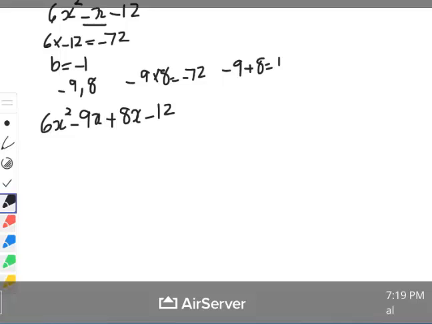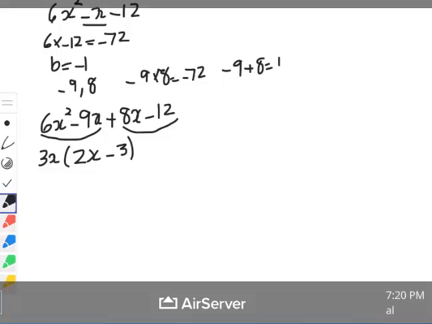Now group these two terms together and these two terms together and factor the common elements. The common element between 6x squared and 9x is 3x. So from 6x squared I get 2x, and from 9x I get negative 3.